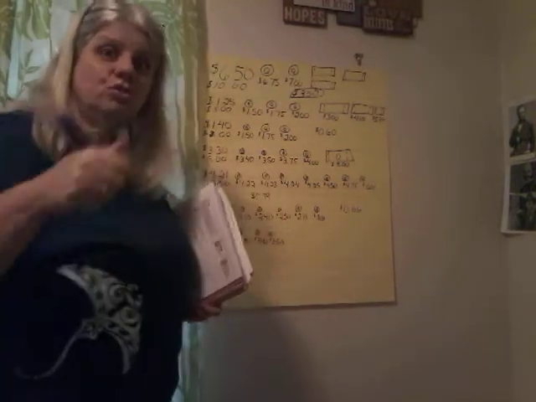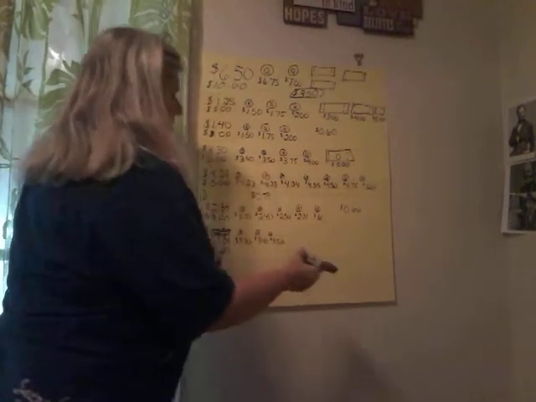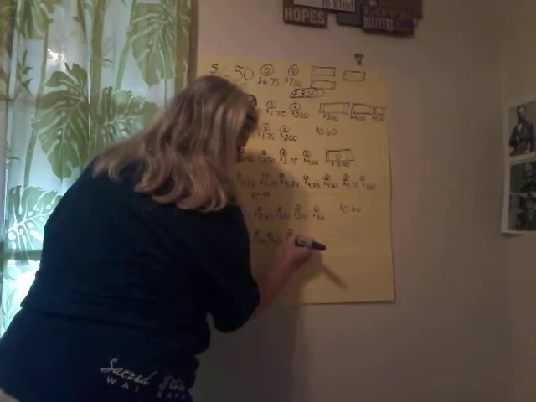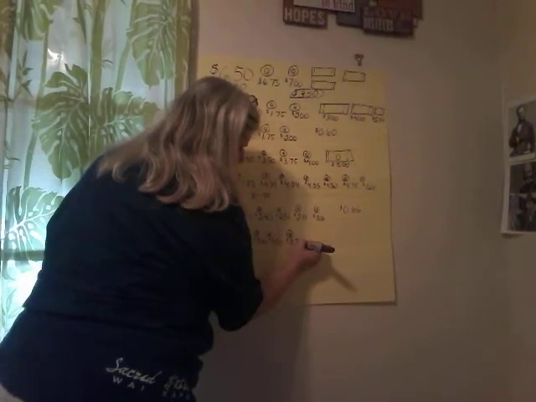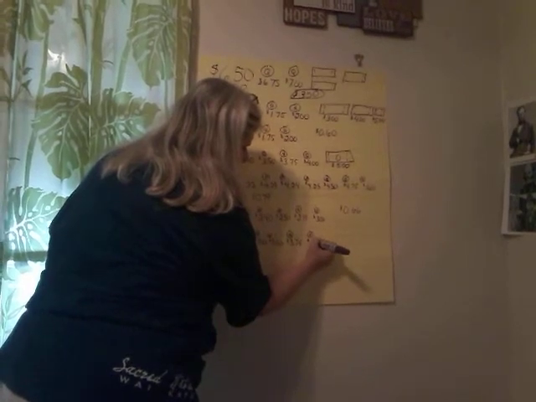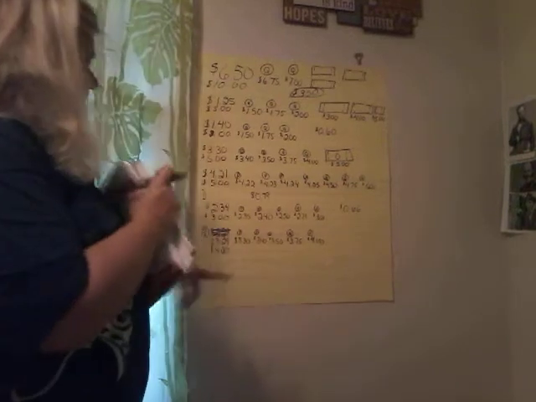So now we're going to move to quarters. And when we count with quarters, we count by 25s. So here's our first quarter, which is $3.75. And there's our next quarter, which is $4. Yay, we got to our $4.